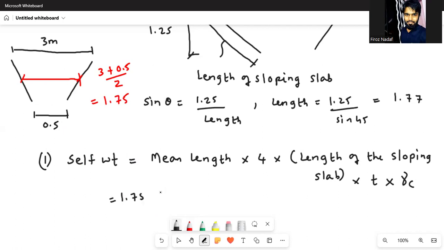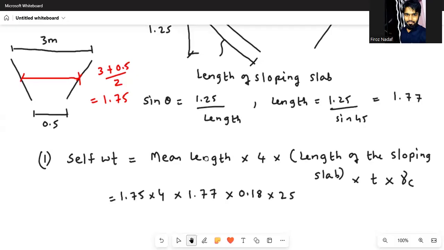1.75 into 4 because you have 4 sloping slabs, into the length of the sloping slab, which is 1.77, into the thickness of the hopper bottom, which is 0.18 meter, 180 mm written in meter, into 25, the density of the concrete.